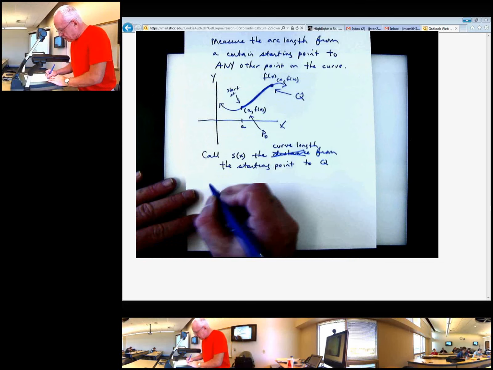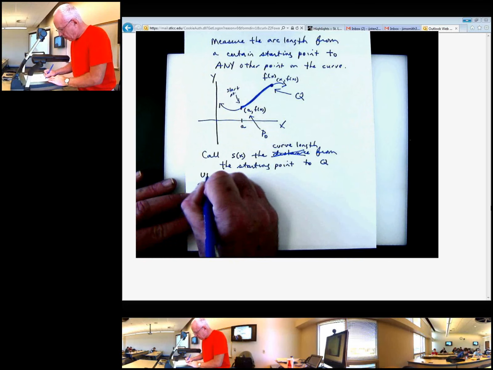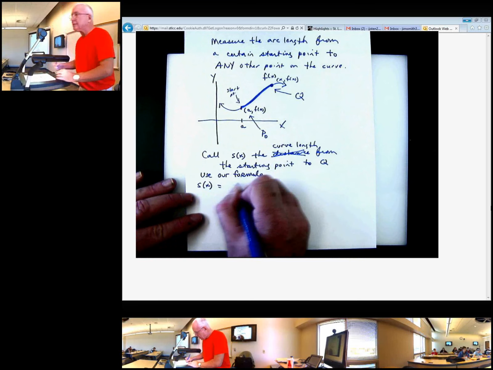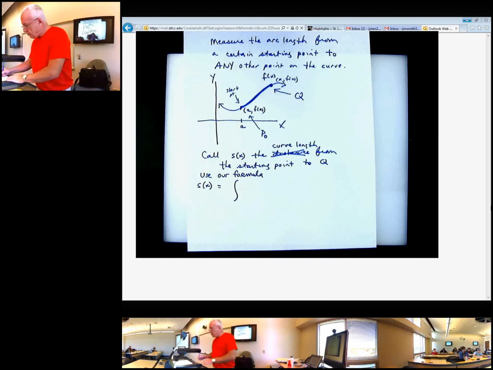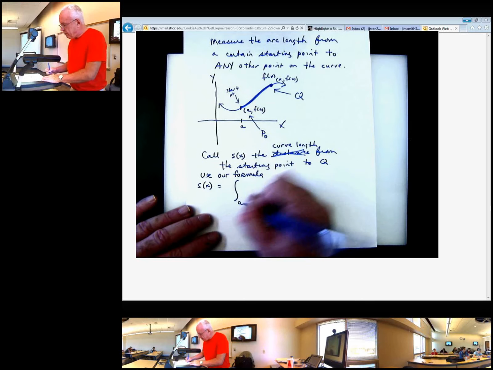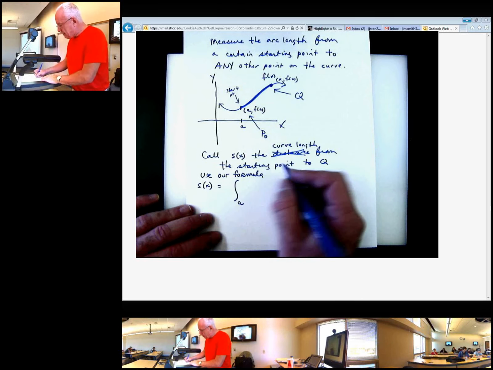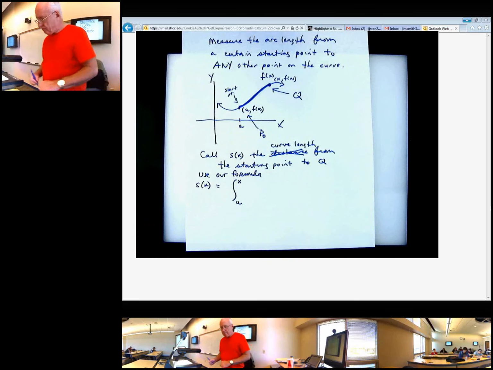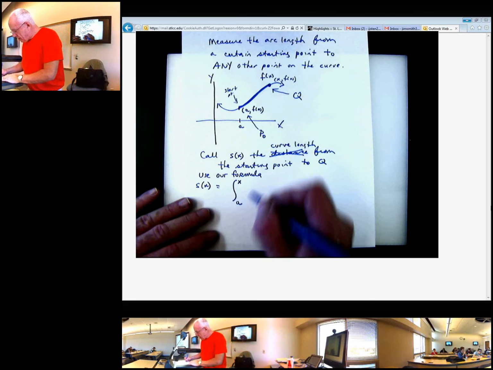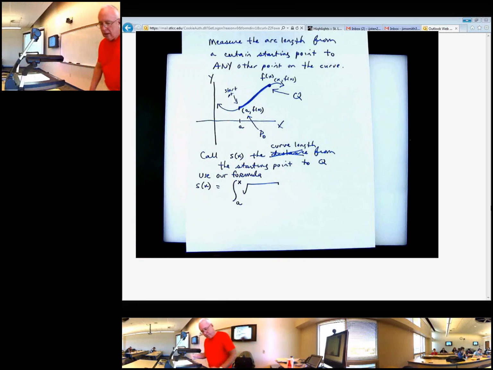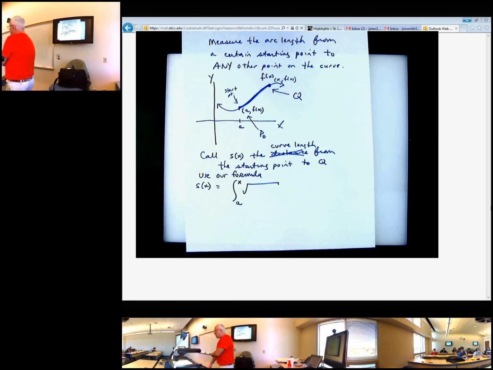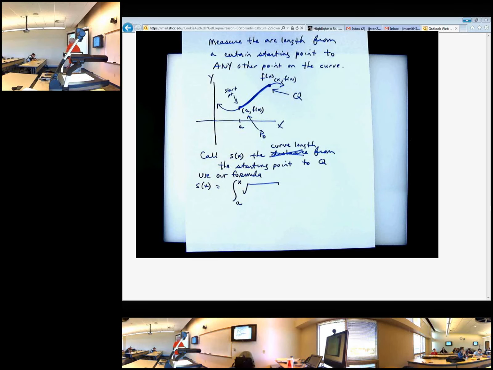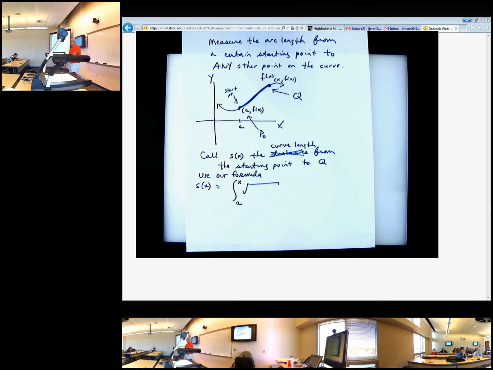Okay, so therefore we just use our formula. S of x then is going to be that integral from our x value a for the starting point to our x value for the other point, which is just plain old x. And then we have the square root. To avoid confusion, what we normally do is put in what's called a dummy variable.